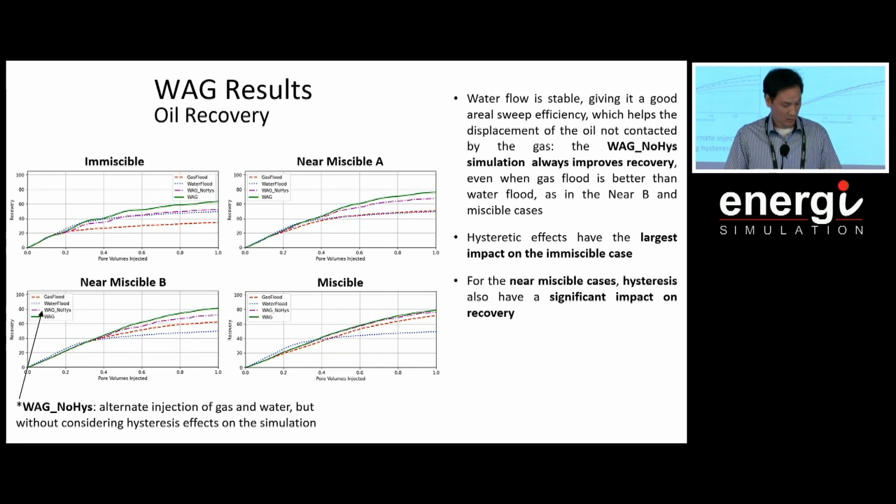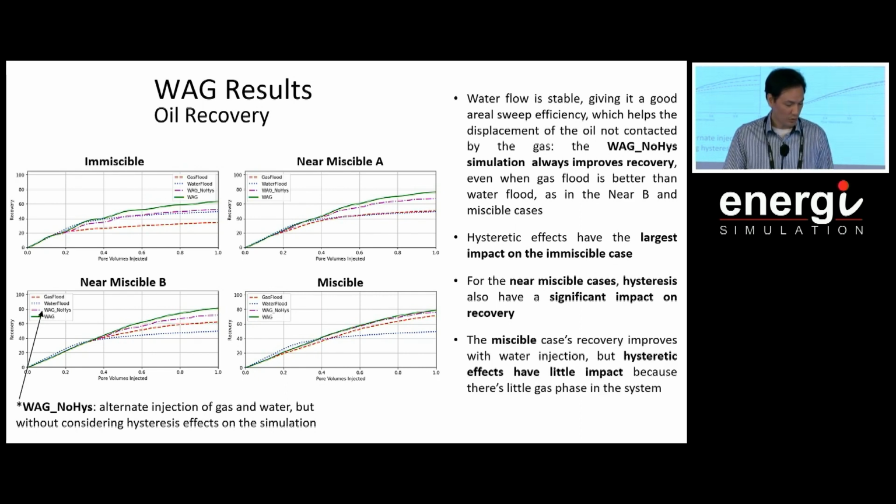And from what you could see, the WAG model is working relatively fine for these near miscible models. But for the miscible case, since most of the CO2 is in the oil phase, you don't see a lot of difference between the WAG with no hysteresis and the one with hysteresis on.